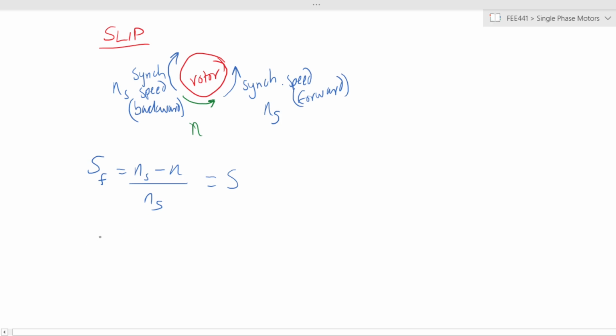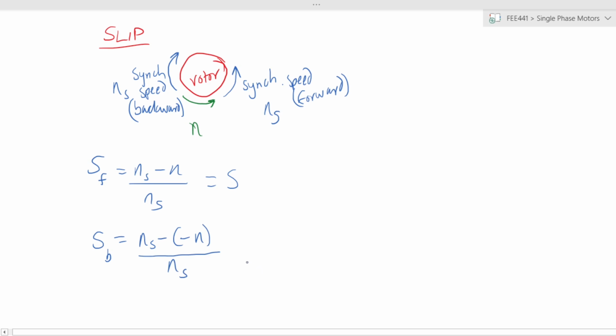However, in the backward direction, it will appear that our ns is in the opposite direction. So from the point of view of the magnetic field, the rotor is rotating in the opposite direction. The relative direction between the two will be such that you have a negative rotor speed, a negative mechanical speed.